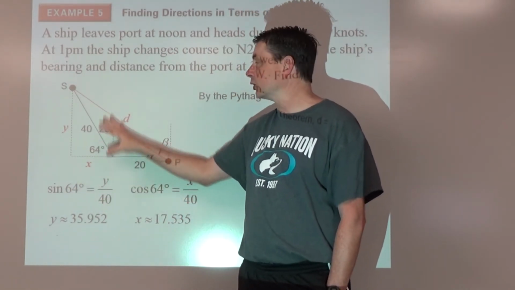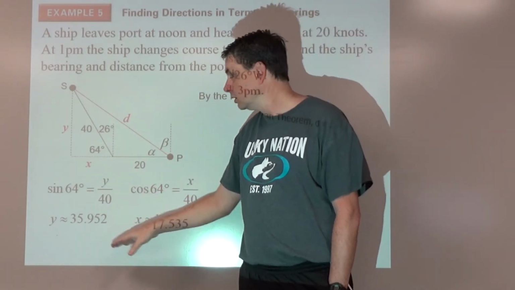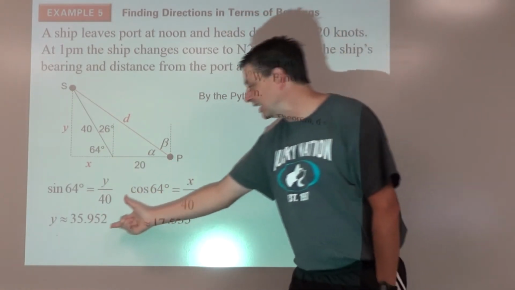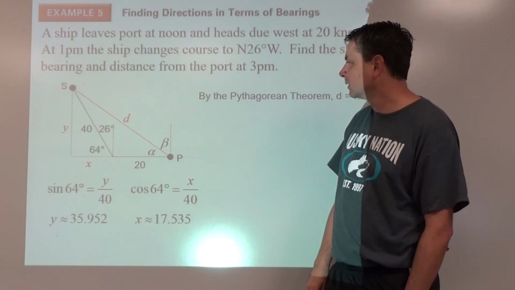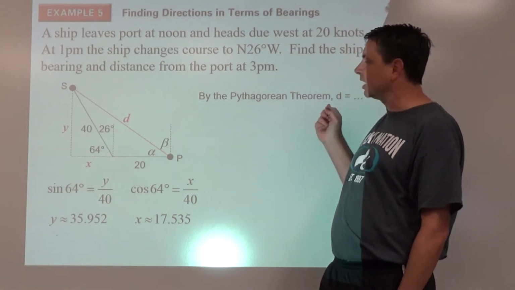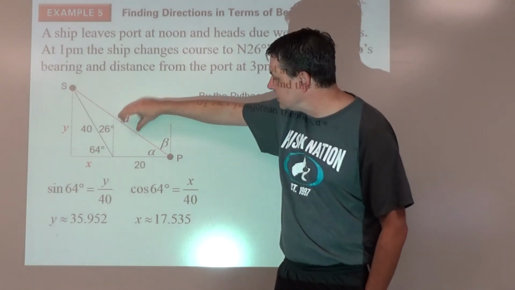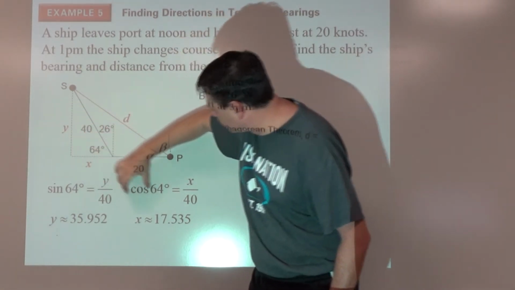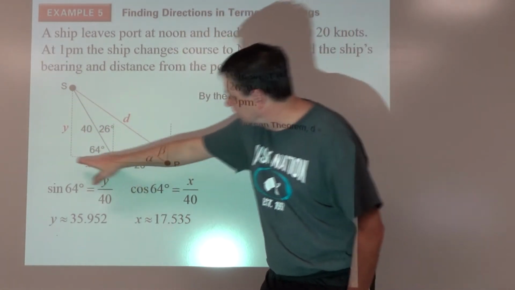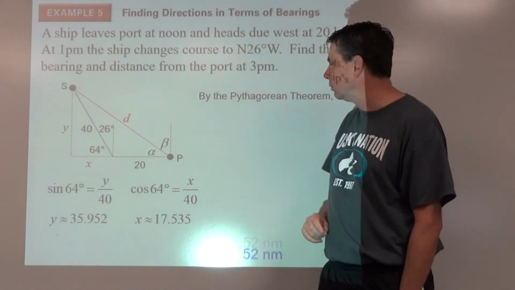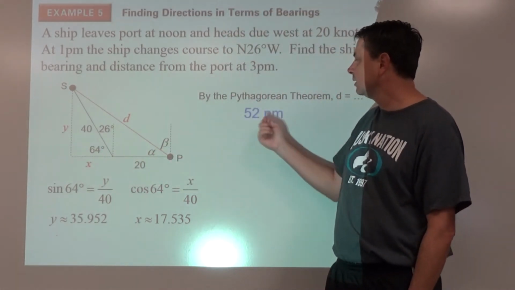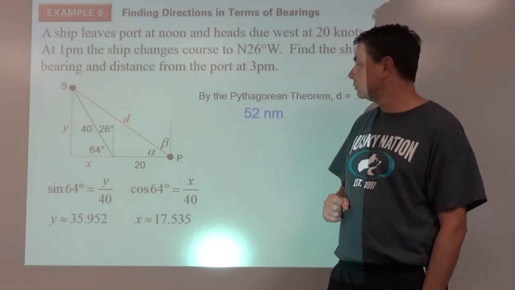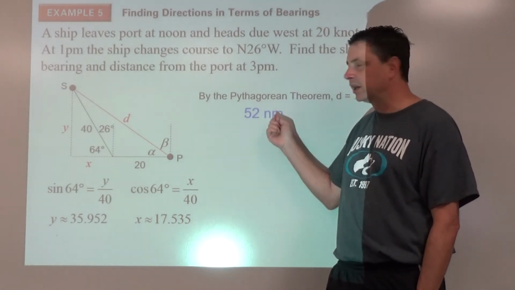I want to be as accurate as possible in my final answer. So I used a lot of decimal points here. All right, so now by the Pythagorean theorem, we can find the d, because now we know this length and this length. For the x, we're going to need to add 20 to it to get this full length here. So by the Pythagorean theorem, you can find out that's approximately 52 nautical miles.